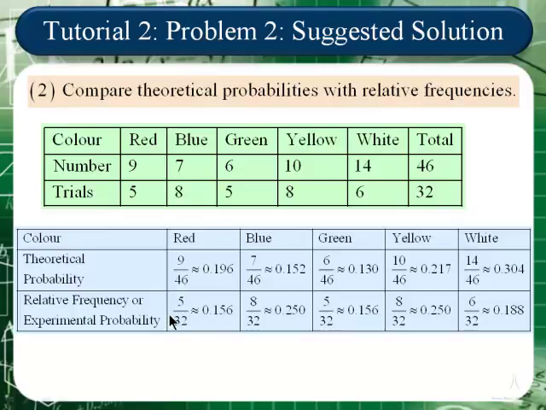Well, in the experiment that we've simulated by making use of a random table, we find that the number of positive trials for the color red was 5 out of 32, and that turns out to be approximately 0.156 or 15.6%.